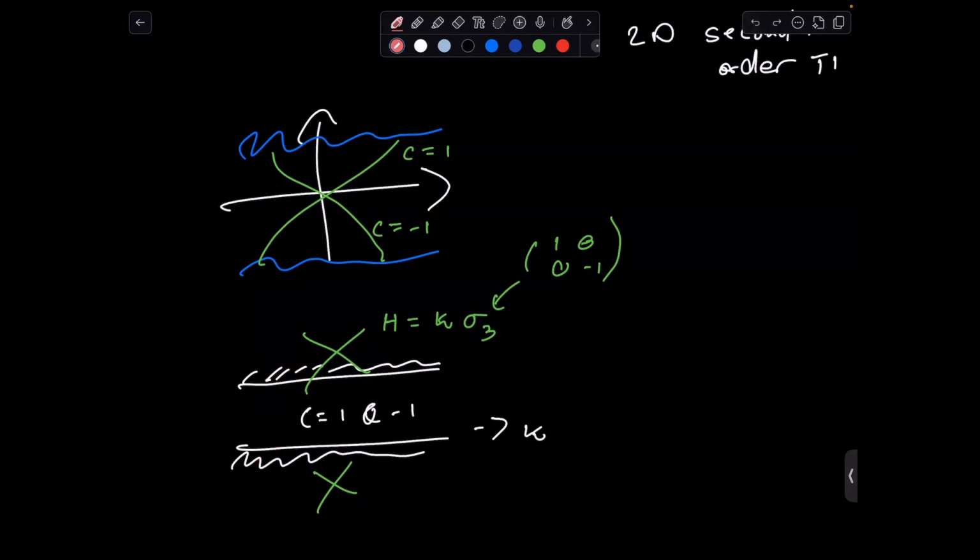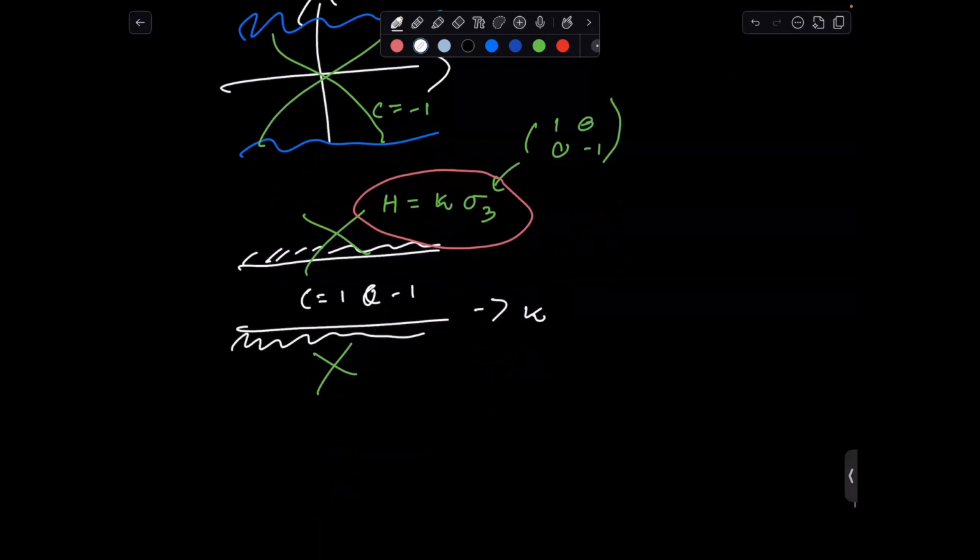Right, so now I want to write down a Hamiltonian on either edge. And over here, I have a Hamiltonian that's just K times sigma-3, Pauli matrix 3, because one goes like K, the other goes like -K. So let's call that H tilde. If I want to write the full Hamiltonian H, I'll have to write down the symmetry representations.